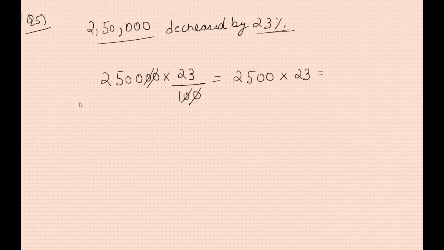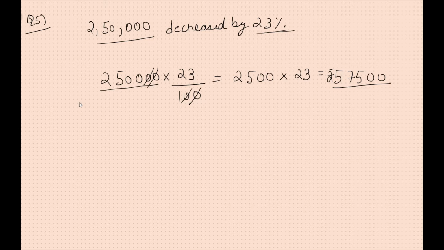So this will come out to be 57,500. So 57,500 rupees is the 23% of 2,50,000 rupees.